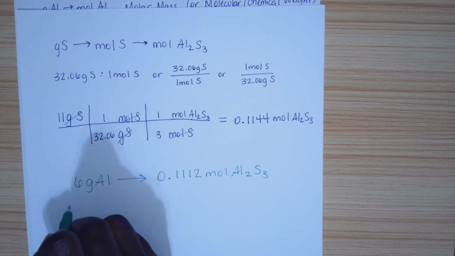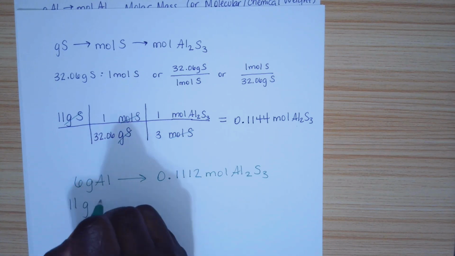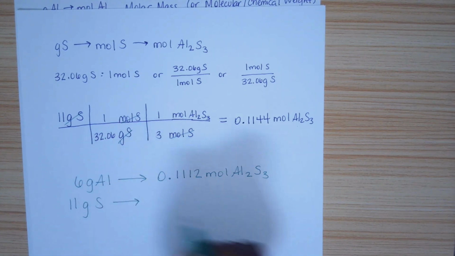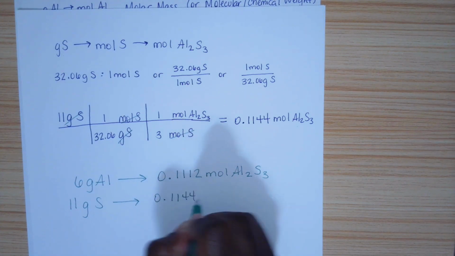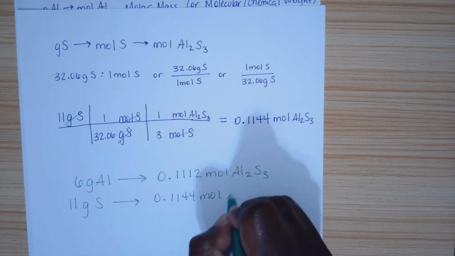However, if we start out with 11 grams of sulfur, we would end up producing 0.1144 moles of the product.